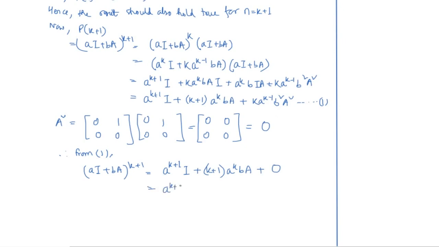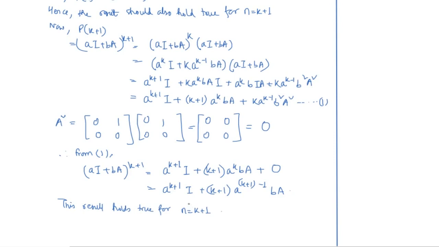It is basically equal to a^(k+1) I + (k+1) a^((k+1)-1) bA, which is ultimately P(k+1). So you can see that this result holds true for n = k + 1.